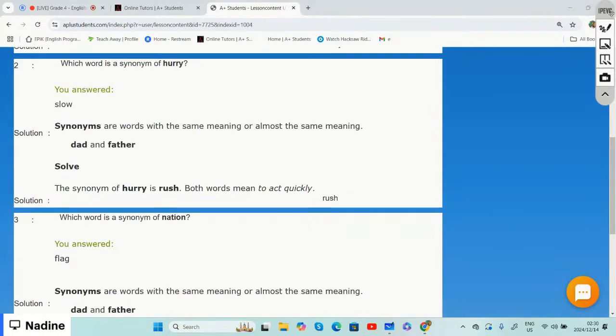All right, what is another word for nation? Nation. Another word for nation.